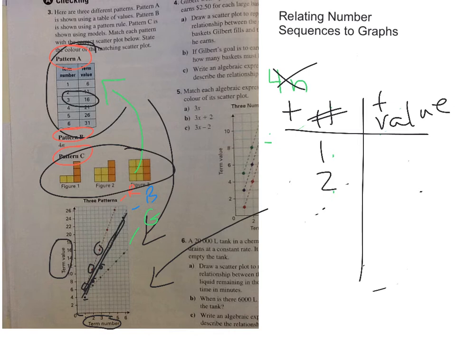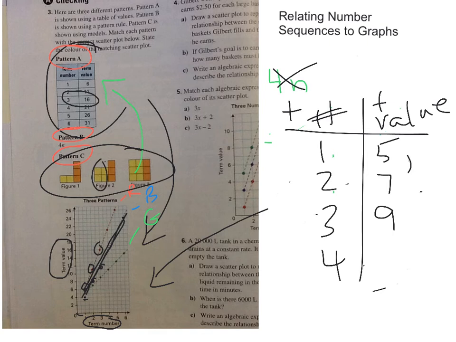Again, 1, 2, 3, 4. Let's see if we can figure out a particular pattern. How many squares are in the first figure? Well, there is 5. In the second figure, there's 7, because there's 4 yellow and 3 orange. And in the third one, there are 6 yellow and 3 orange, so there's 9. We don't have a fourth figure there.